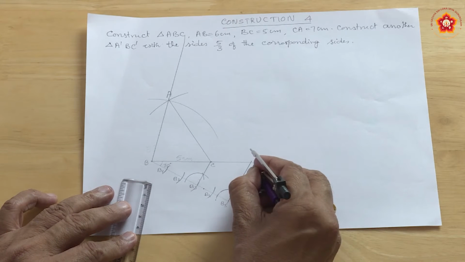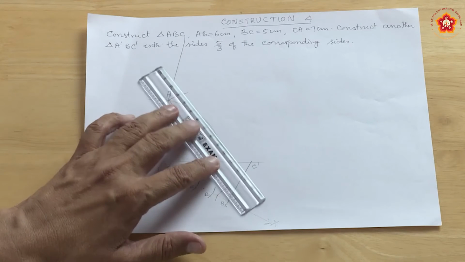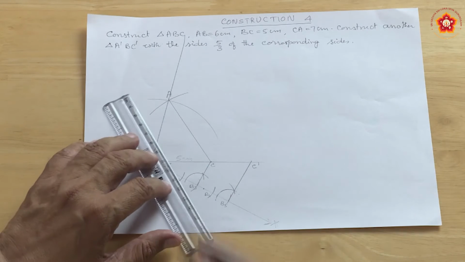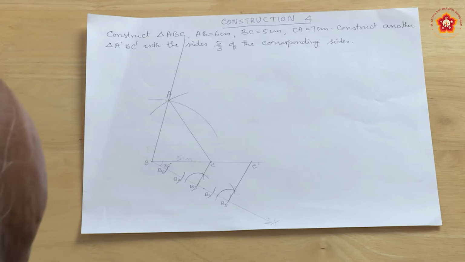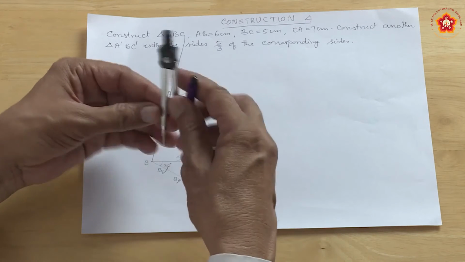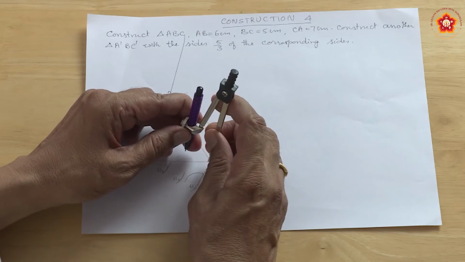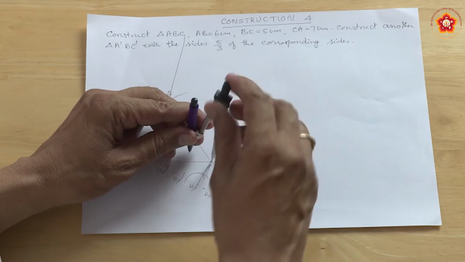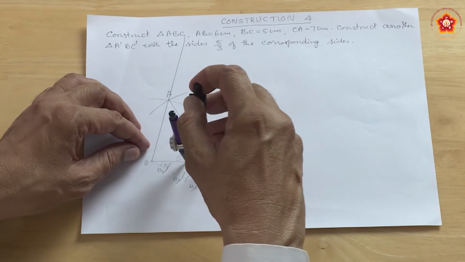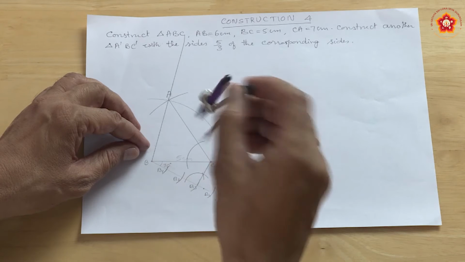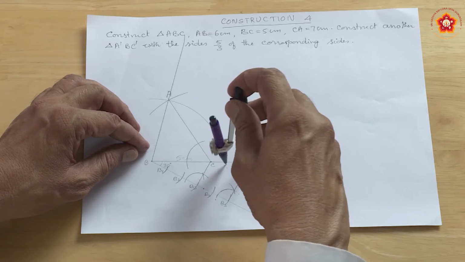So you name it as C dash. From C dash, you have to draw a parallel line to AC. At C, take a convenient radius and draw an arc. With the same radius, draw one more arc at C dash.